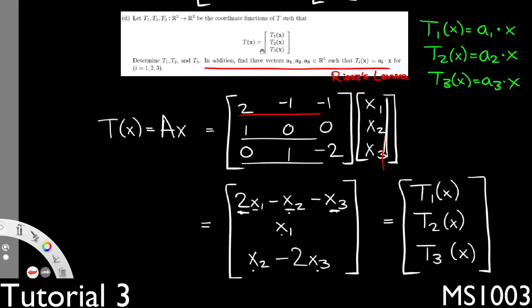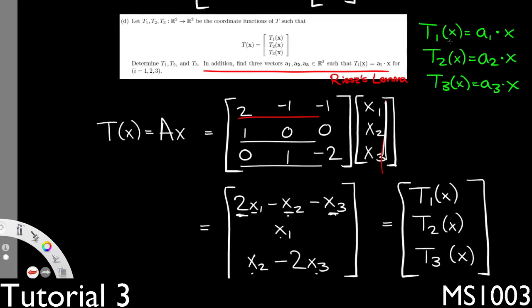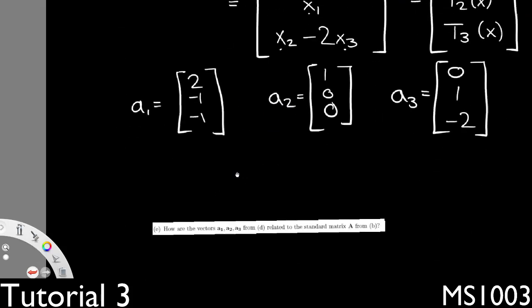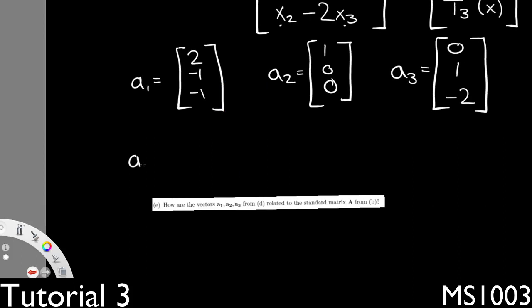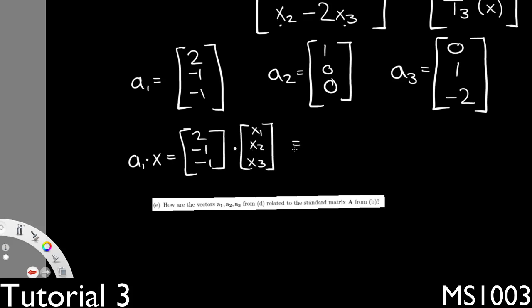You can check that these actually work. What we wanted was that when a1 is dotted with x, we get T1. So let's just check this one. a1 dot x is going to be (2, -1, -1) dot (x1, x2, x3). And we know that the dot product just means multiply this by this, this by this, and this by this.